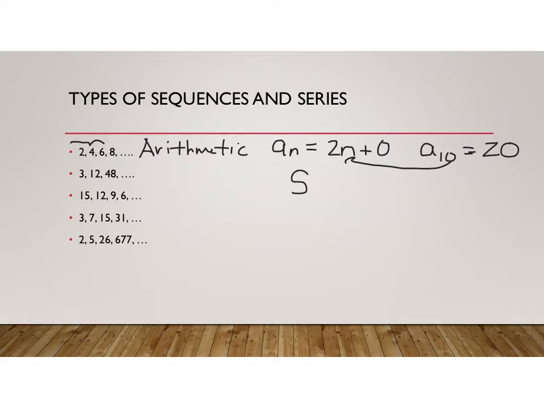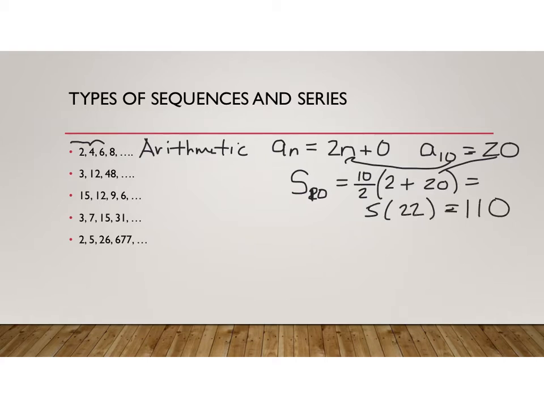If I wanted to find the sum of, let's say, the first 10 terms, remember that would be 10 divided by 2, and then the first term, which is 2, plus the 10th term, which we found to be 20. So it would be 5 times 22, which is 110.